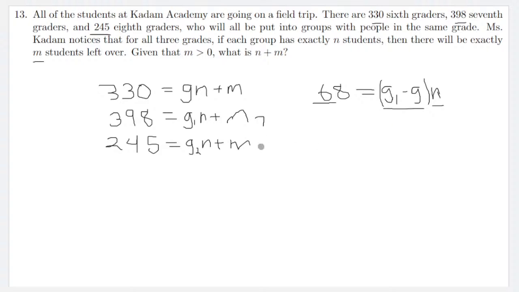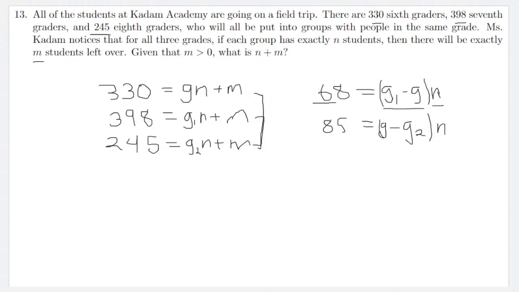So, let's try repeating this procedure on equations 2 and 3, or you can do it on 1 and 3. So we'll do 1 and 3 here because the numbers are slightly nicer. So equations 1 minus 3, 85 equals G minus G2 times n. Okay, well, G isn't such a useful variable here, right?